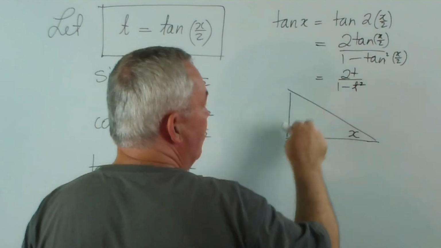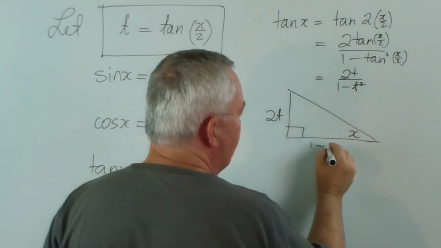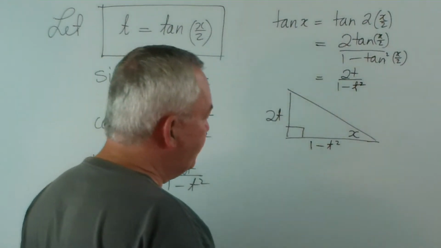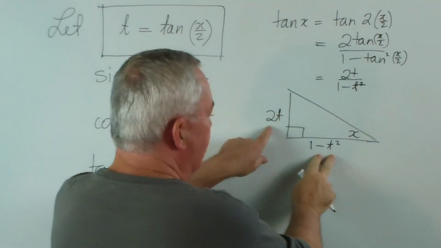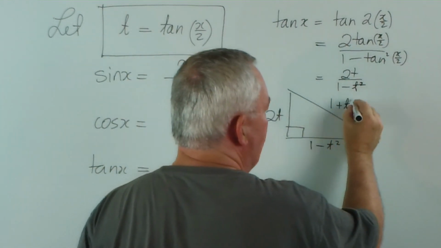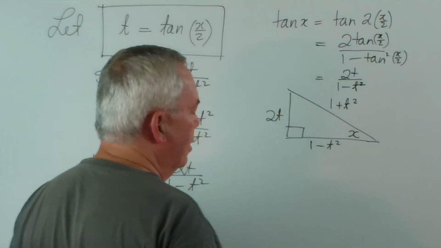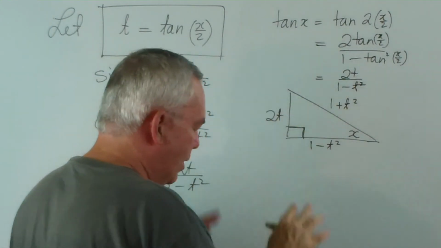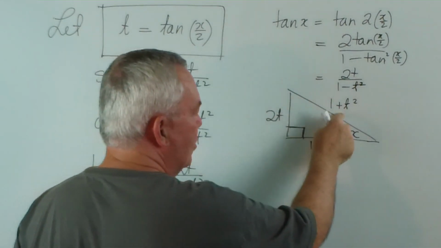So if I write the 2t opposite the angle, and the 1 minus t squared adjacent to the angle, and use Pythagoras' theorem, I get the square root of this squared plus this squared, which interestingly enough turns out to be 1 plus t squared. I won't go through it, it's fairly simple work. So just use Pythagoras' theorem. This squared plus this squared, take the square root and you'll end up with that.